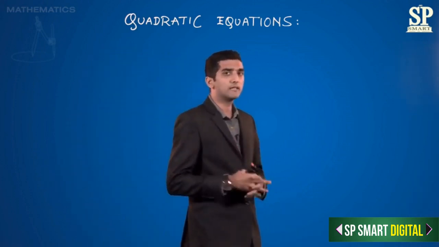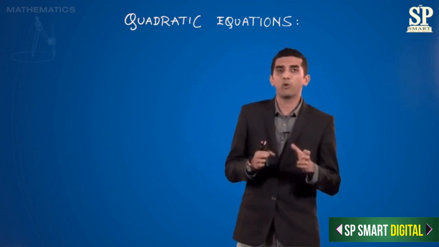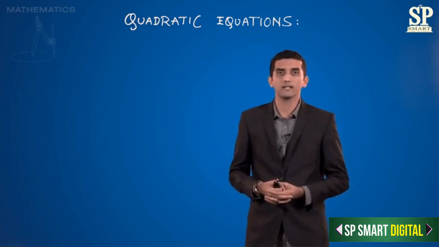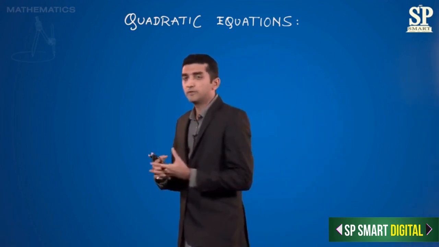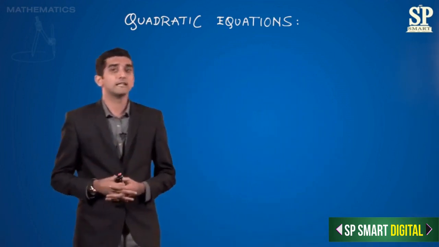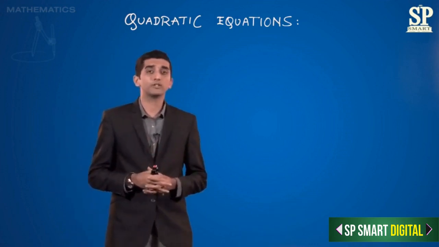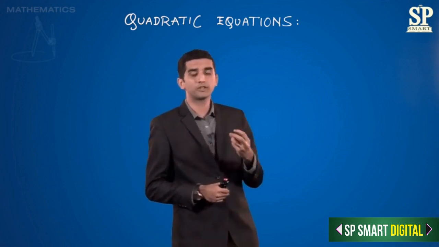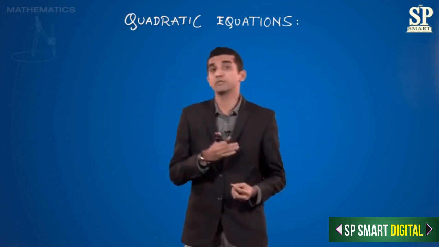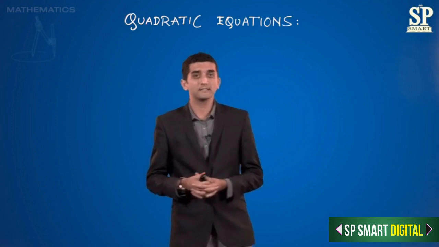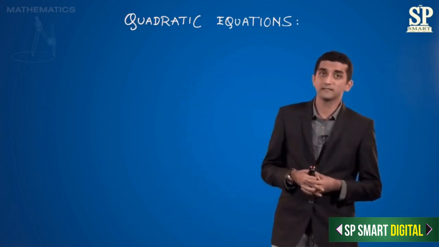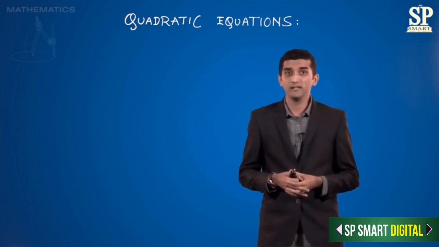Now, before starting that, let me tell you why we are starting with polynomials in the chapter of quadratic equations. Firstly, we know that JEE is an exam which is very famous for conceptual tricky questions. Each and every question which we come across in the JEE examination is naturally a conceptual question and at the same time is quite tricky as well.